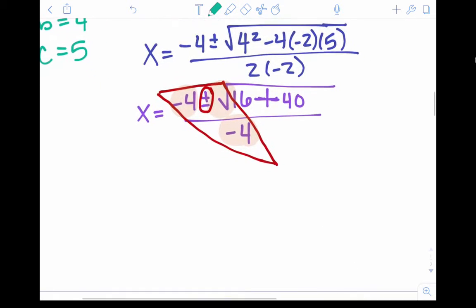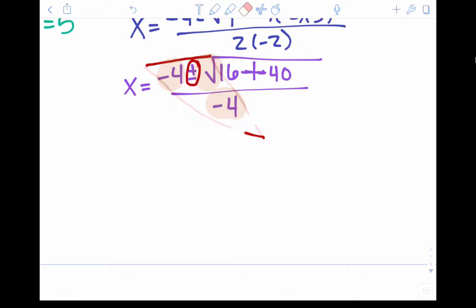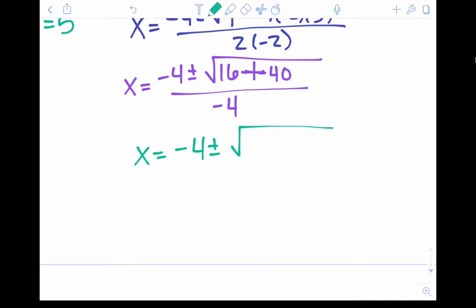So I need to just simplify this further. I'm going to erase this because I can't see very well. So I'm going to simplify further. So I have x equals negative 4 plus or minus the square root. 16 plus 40 is 56 over negative 4. I can simplify my square root.